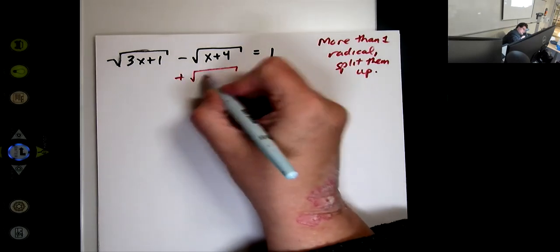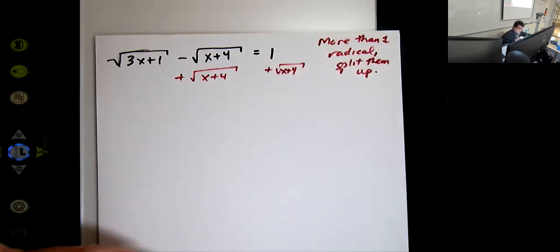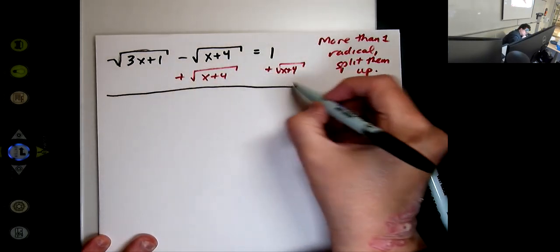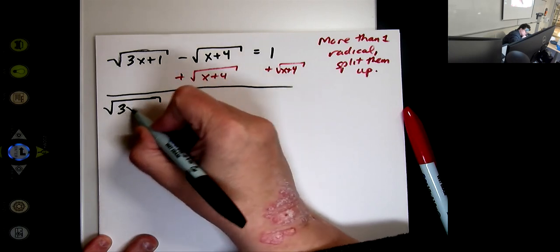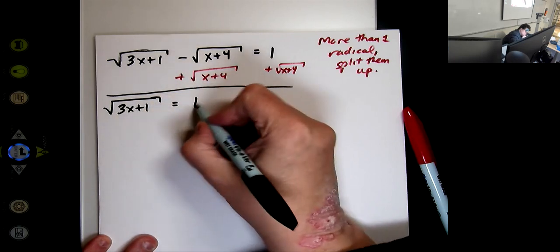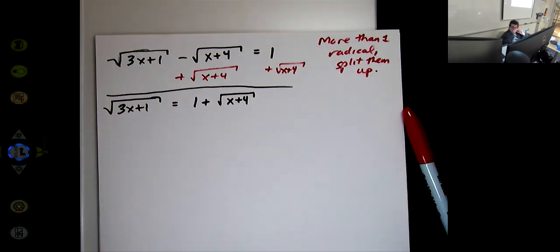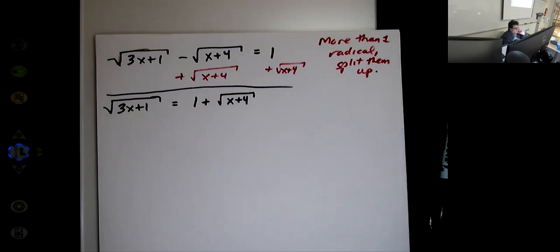I'm going to add the square root of x plus 4 to both sides. Then we're going to do what we did last time. We're going to square both sides.